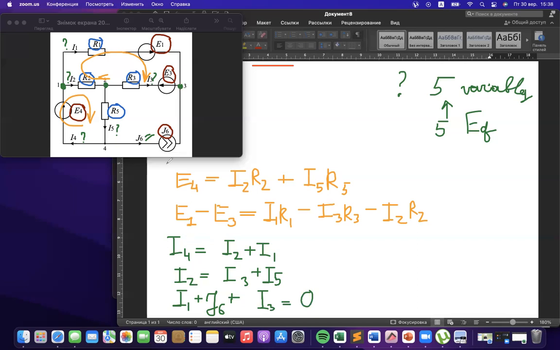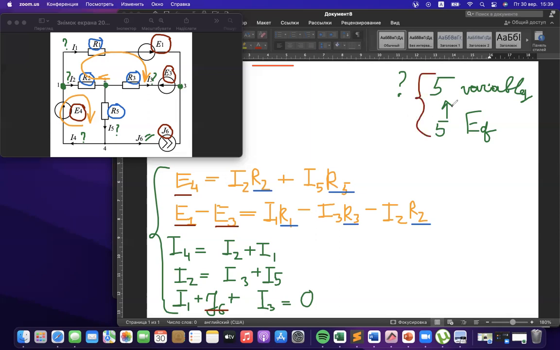And we have 1, 2, 3, 4, 5 equations. What data do we have? We have sources. We have this information, and we have resistances. Also, we know these values, and we have the value of the current source. 5 equations with 5 unknown variables.